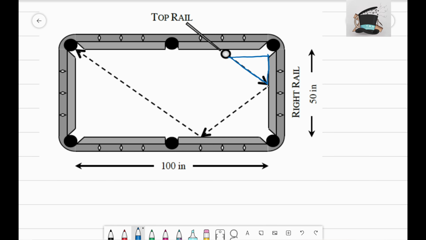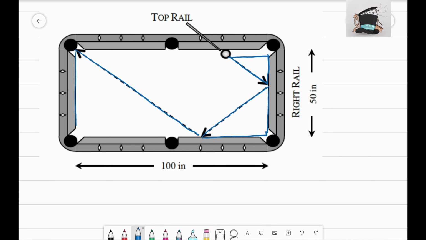And then as the ball moves away from this right side and ends up hitting the bottom side, I've now created another triangle on the bottom side. And then last but not least, as it travels and it makes its way to the upper left pocket, I'm also creating one additional triangle.